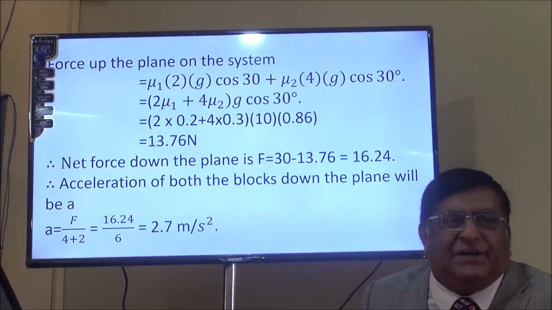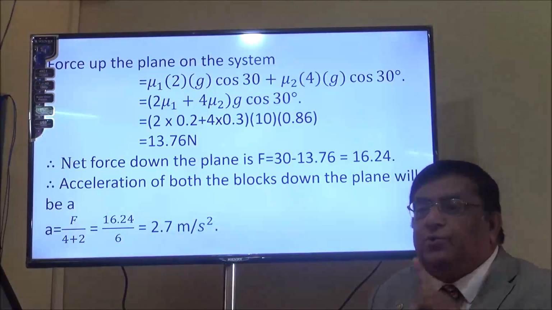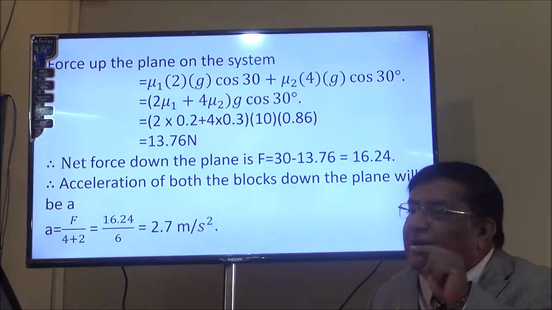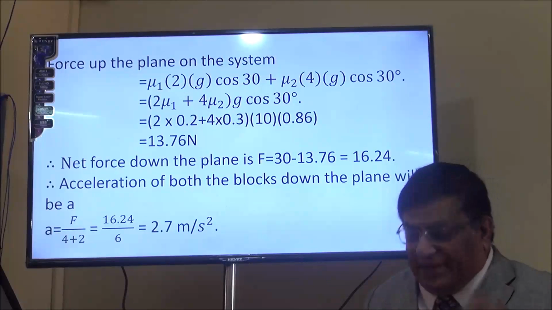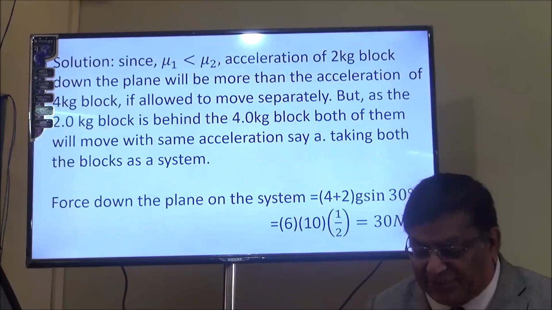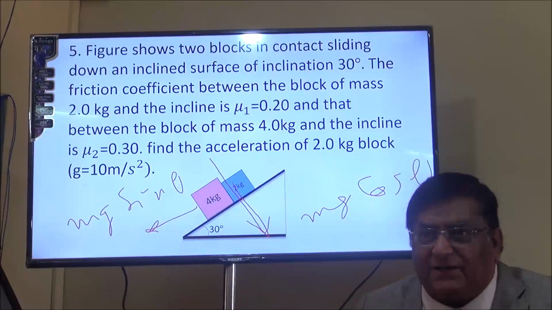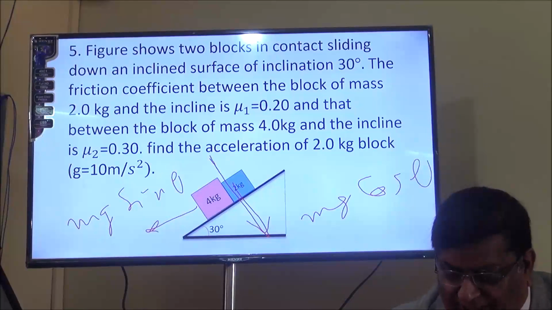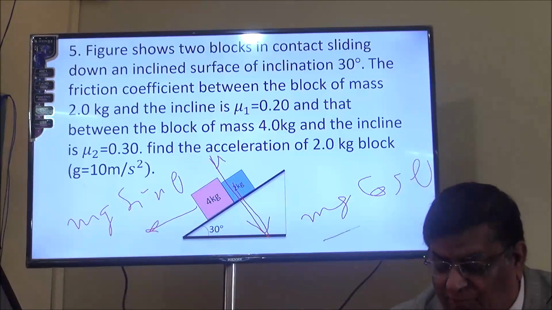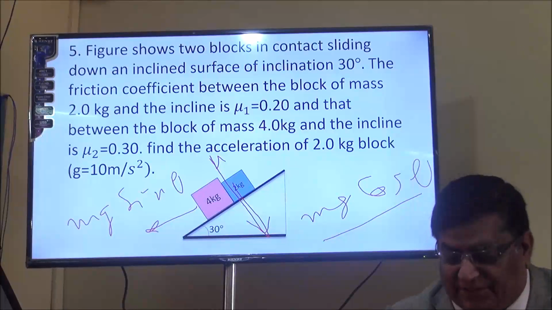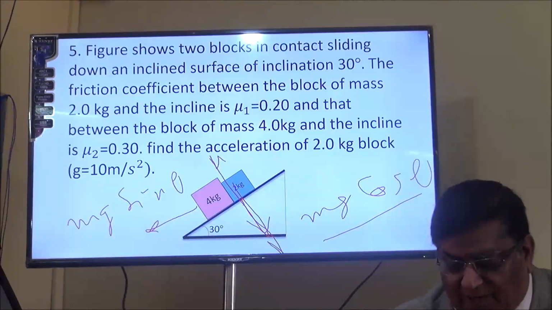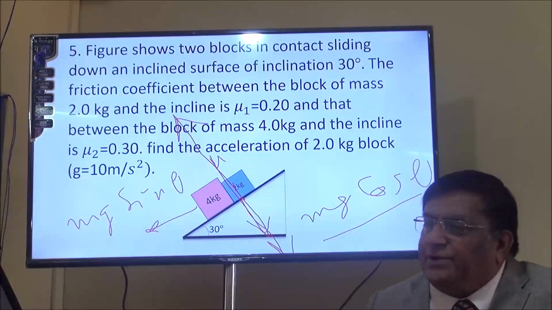Please give your attention here. Mu into R. What is R? Reaction. And in this question, what is R? This is action downward and this is reaction upward. Both are equal to each other.